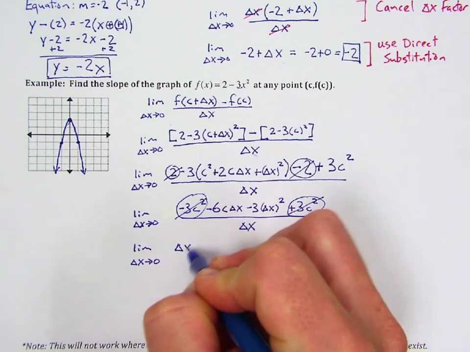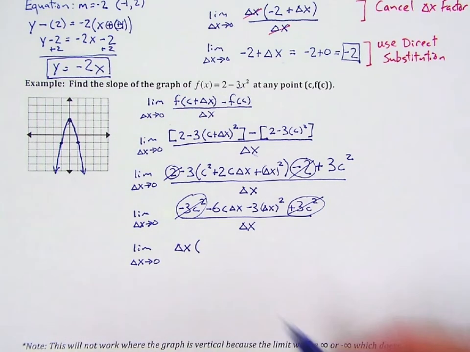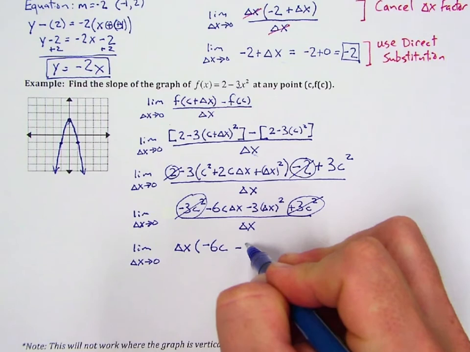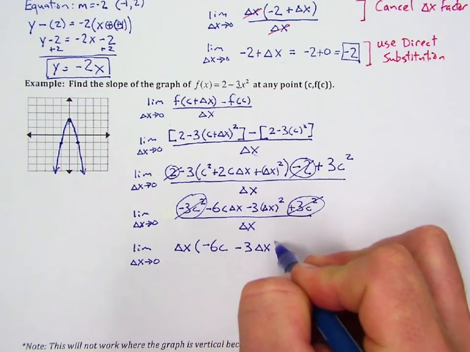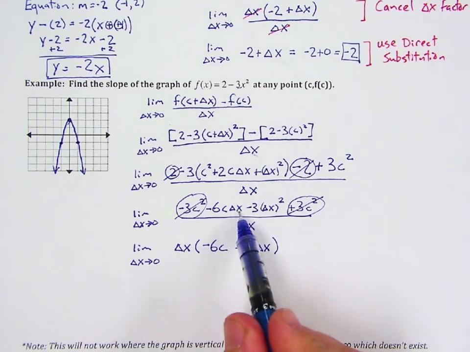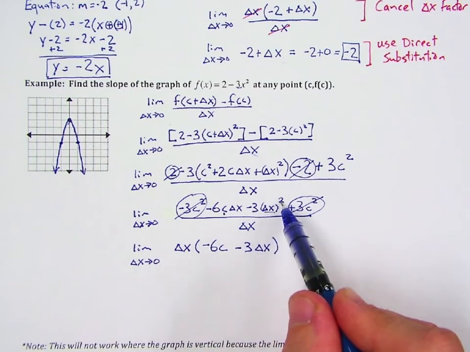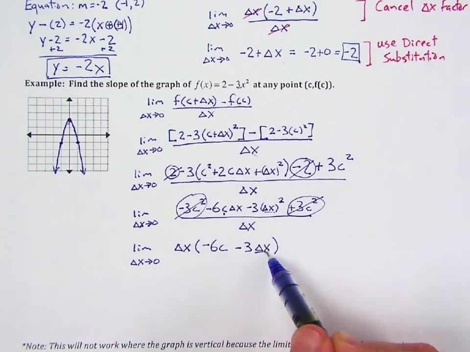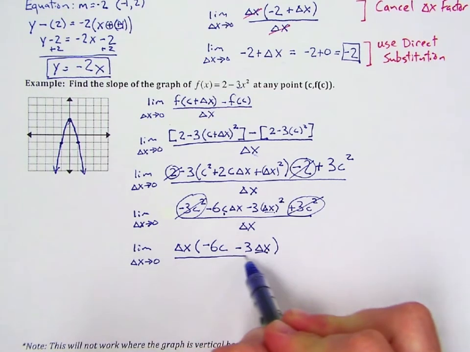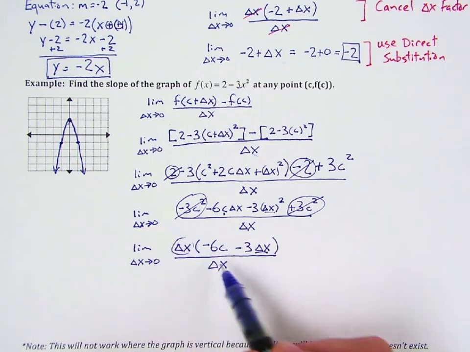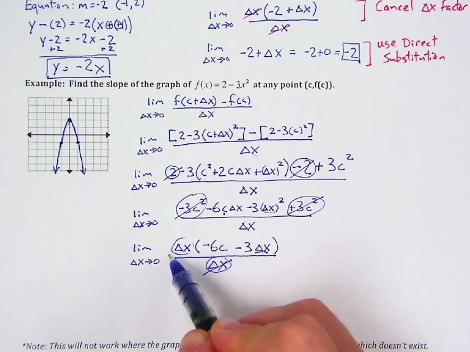And here at the beginning, it's a good idea to show that factorization. So if we take a delta x out here, we're just left with negative 6c. If we take a delta x out of delta x squared, we're just left with delta x. And now you can see that these delta x's right here are going to cancel.